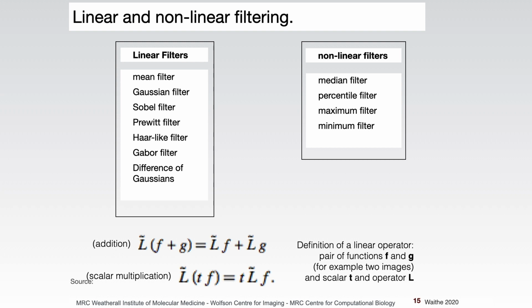There's a mathematical characterization of linear filters, which is that they are linear for addition and also scalar multiplication. Don't worry too much about what that means, but it basically means the filter is reproducible or reversible. So if you use a linear filter, then you can always go back with a converse representation of the equation.